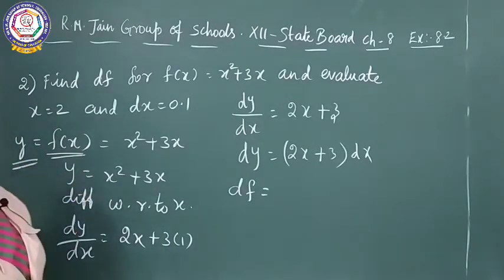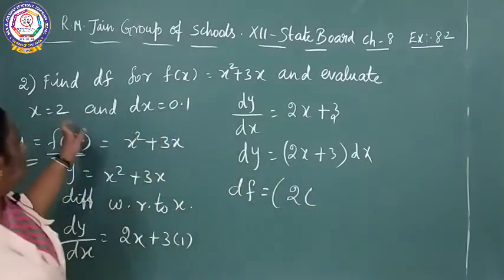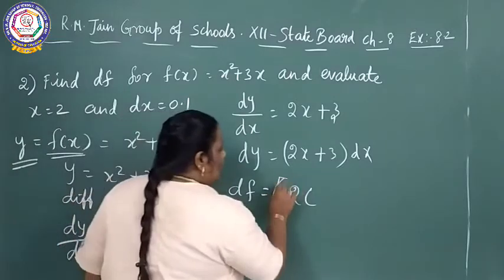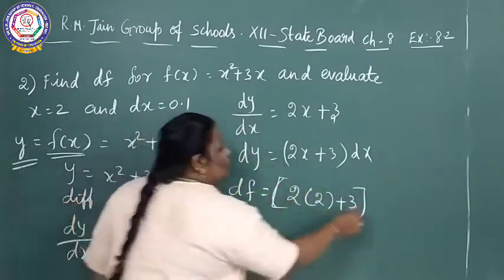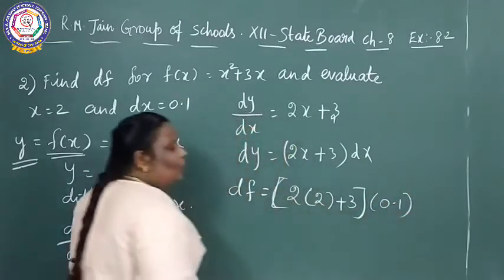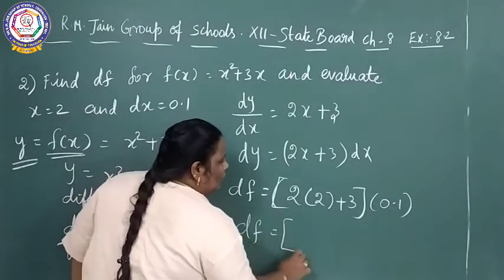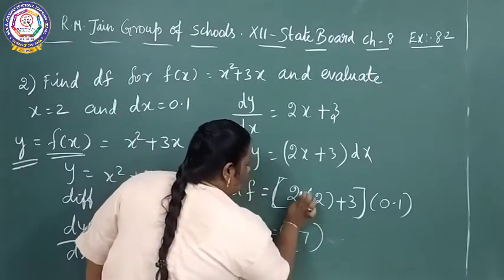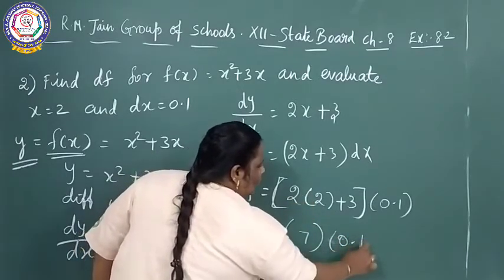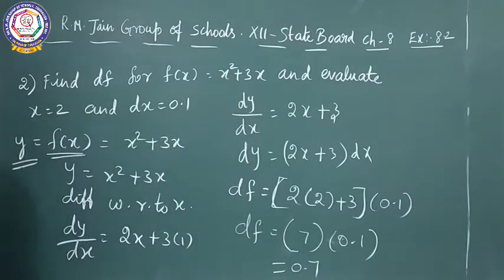So df equal to 2 into 2 plus 3, into dx value 0.1. So df equal to 4 plus 3, 7, into 0.1. The value is 0.7.